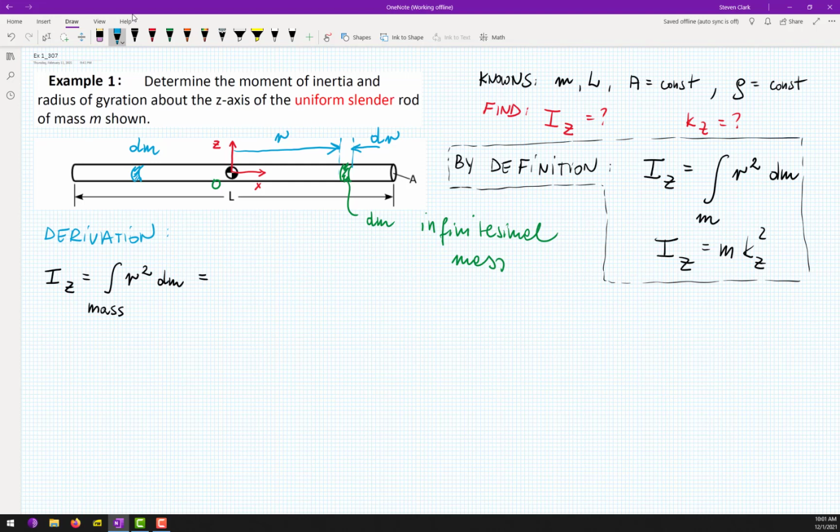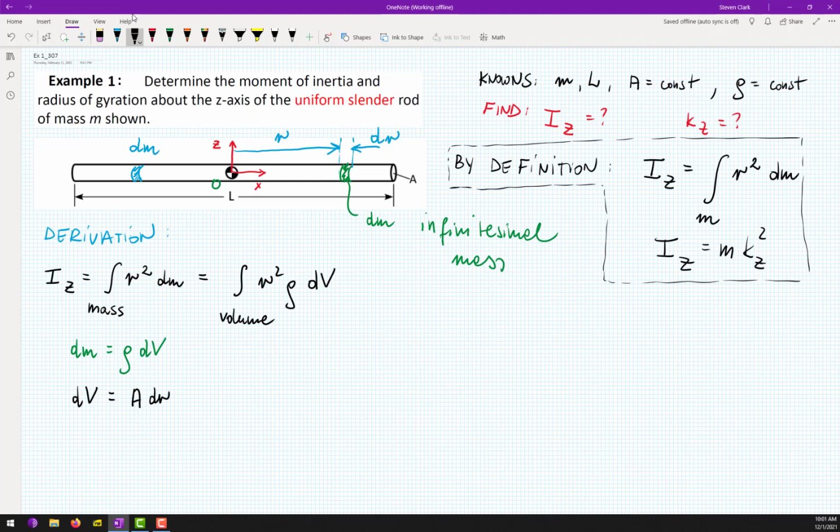So I think that our dm can be expressed in the following way. dm is rho times dV, where dV is infinitesimal volume. So we can write r squared rho dV over volume. Then our dV is A times dr, right?